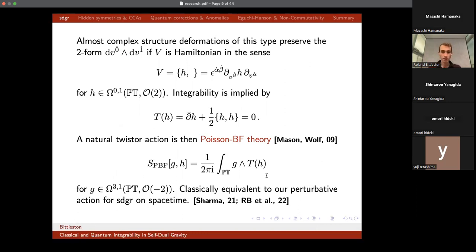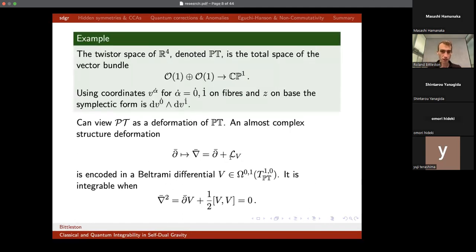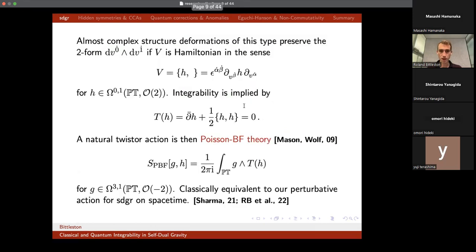And so to enforce that condition on the complex structure deformation determined by this Beltrami differential, I'm going to require it to be Hamiltonian with respect to the complex structure on the flat twistor space. So the symplectic form determines a Poisson bracket. That Poisson bracket has weight because the symplectic form had weight. So the symplectic form was valued in O(2). The corresponding Poisson bracket is going to be valued in O(-2).